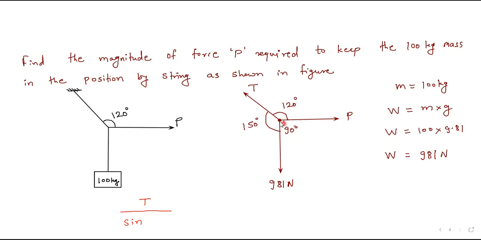I should keep this T aside now. The remaining forces are P and this 981 Newton. What is the angle between these two? It is 90 degrees. So that angle I should take in the denominator. This angle is 90 degrees, which is equal to.